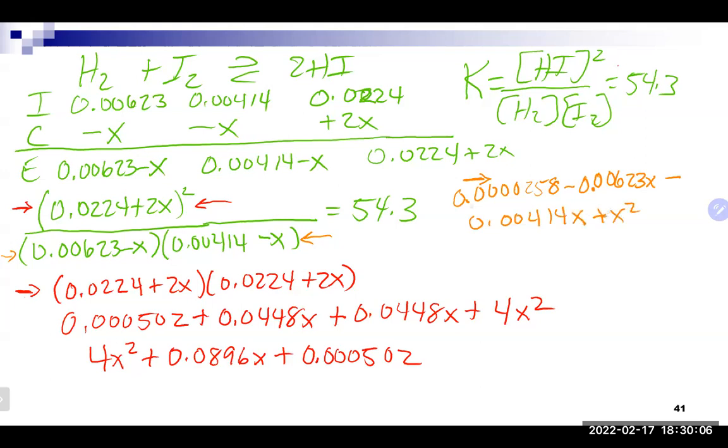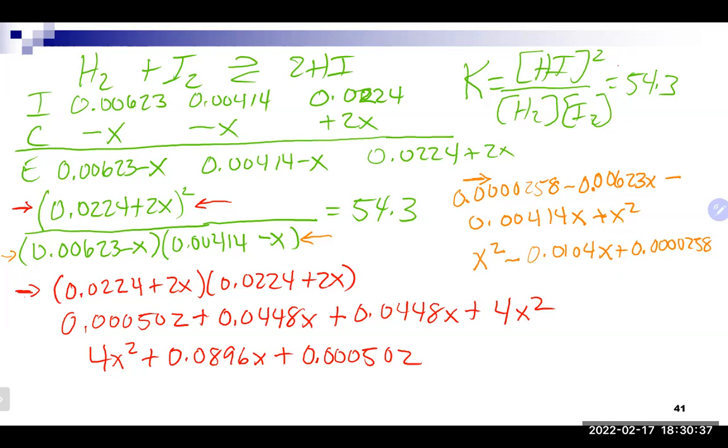Same idea, we're going to combine the two x terms there. These two will add, and rewriting it with the x squared first, x squared minus 0.0104x plus 0.000258. And again, that is the bottom term. Any questions on any of that math there?